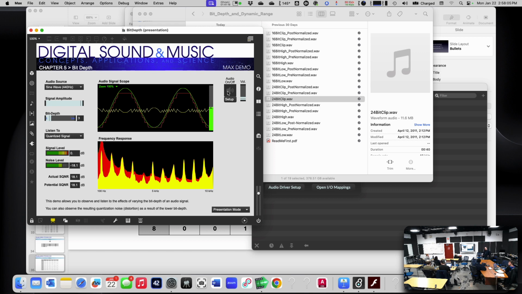But I know you said that dithering is good if you're going from 24 to 16. But is it something you hear at all if you play it at 24? Nope. It's literally the noise that is bouncing between all zeros and 1. It's way down there.